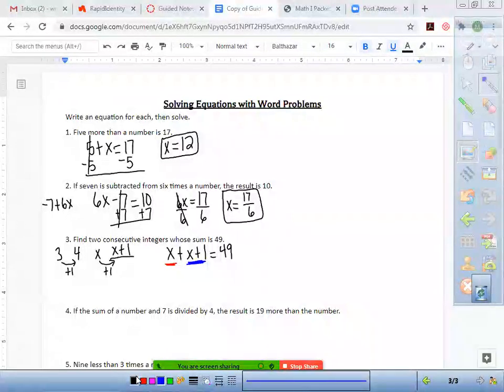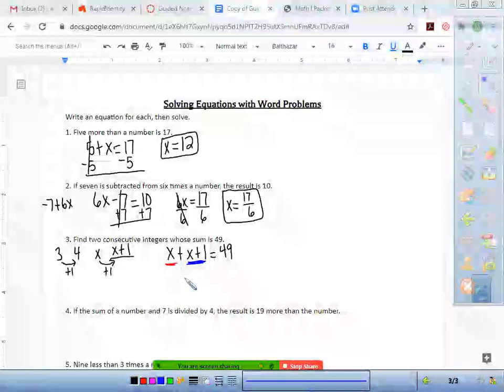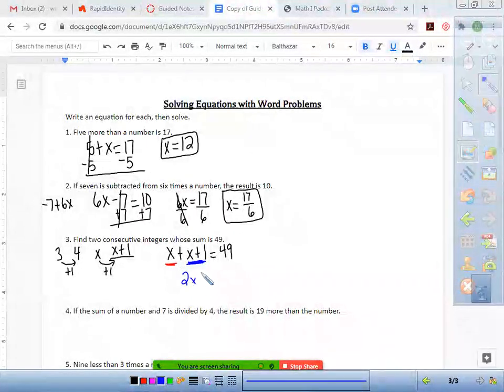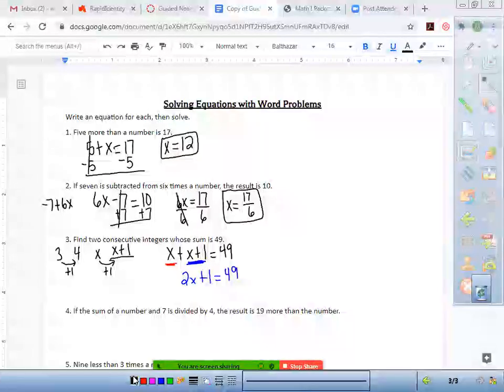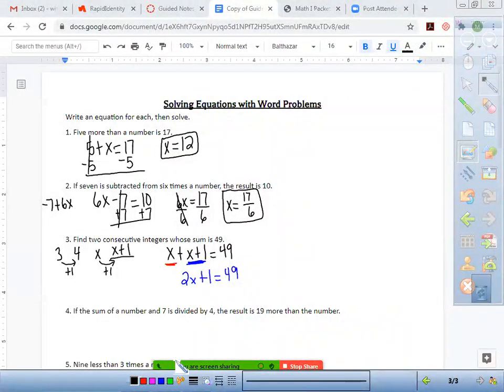So that's my equation. Now I've got to solve it. What can I do? Add the x's, right? The x here and the x here are like terms, and that's going to give us 2x plus 1 equals 49. Now what?